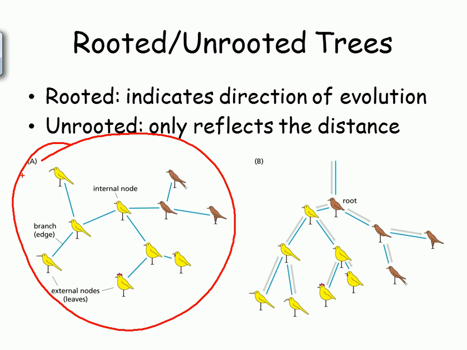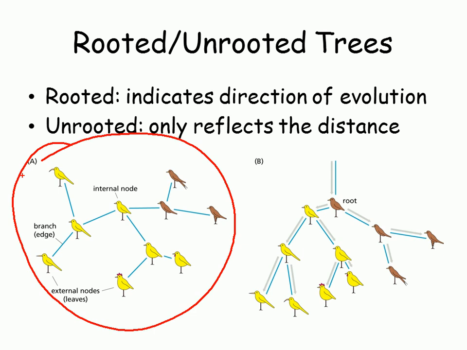Okay, so there's no root to it. So we don't know which element starts the history. It doesn't have any time progress. So everything is sort of in a flat relationship.